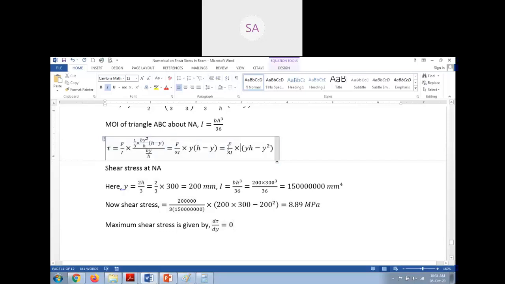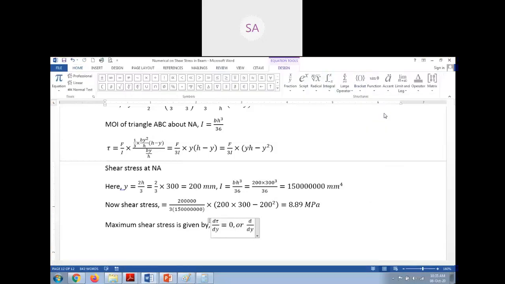So this is my tau, put a large bracket there, and this should be equal to 0.